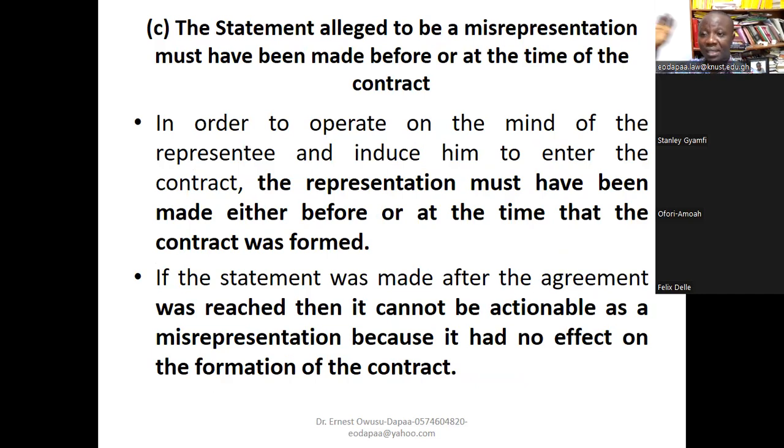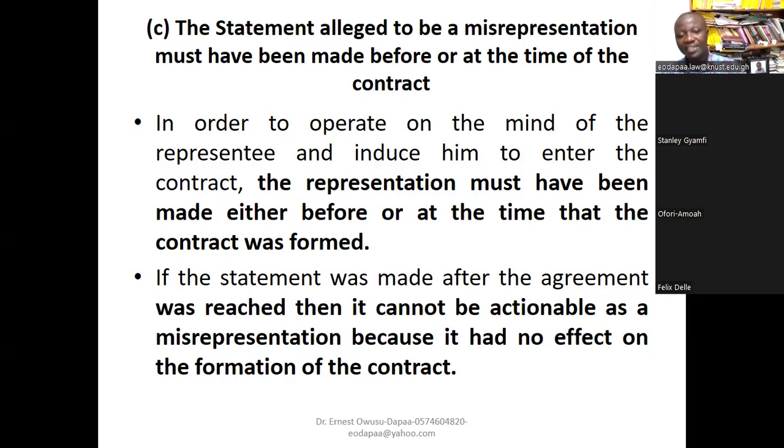That the statement of fact, which turns out to be false later on, for you to count it as misrepresentation, must have been made before or at the time of the contract. So that is very important. The reason is that way we can show that it operated on the mind of the representee, that it had an effect on his judgment before he or she entered into the contract. So let us keep that in mind.